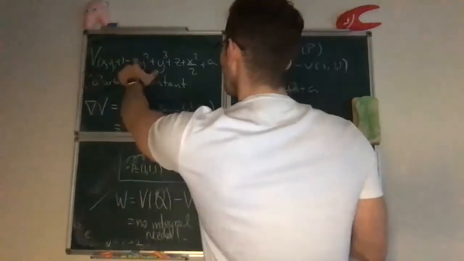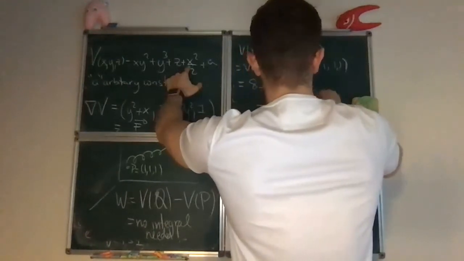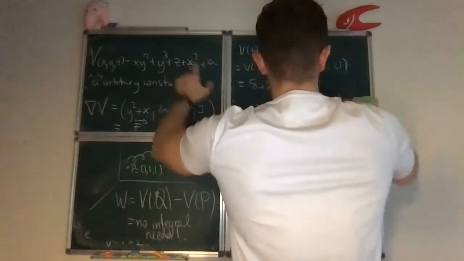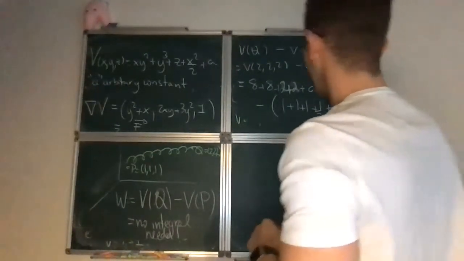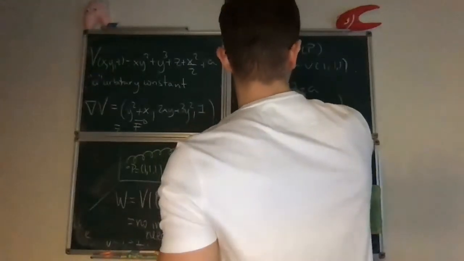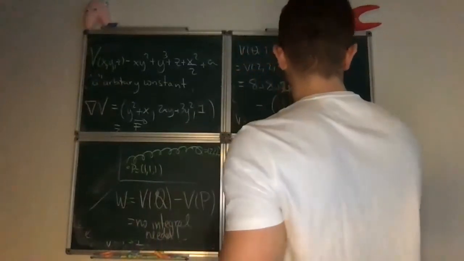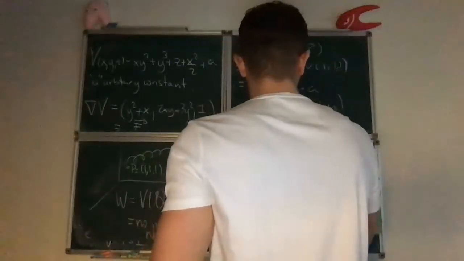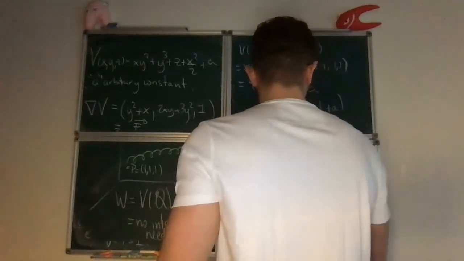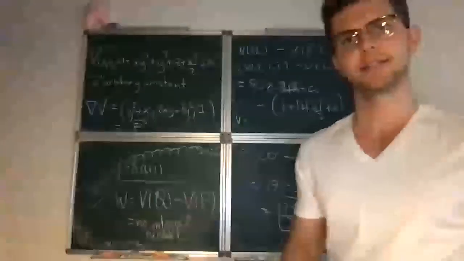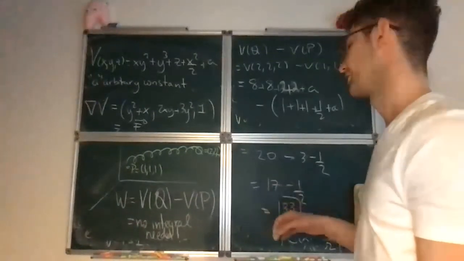At 1, 1, 1, you get 1, 1, 1, 1 half, plus a. So notice that the point is that the a's cancel. So you get 16 plus 4, that's 20, and then minus 3, minus 1 half. So you get 17 minus 1 half, which is 33 over 2. But the idea is that you could skip doing the integration. That's the main point here.